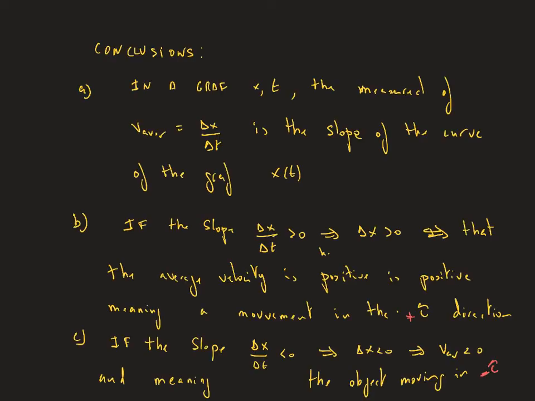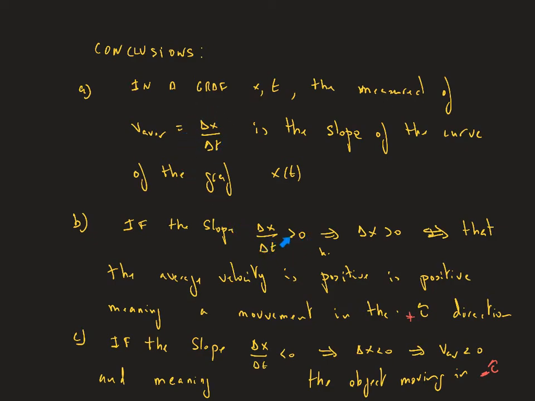Okay. So, conclusion. In a graph where the input is t and the output is x, when you measure the slope delta x over delta t, you measure the slope of the graph x of t. If you take delta t very small, you measure the slope near the point.